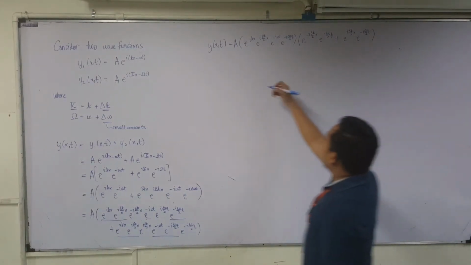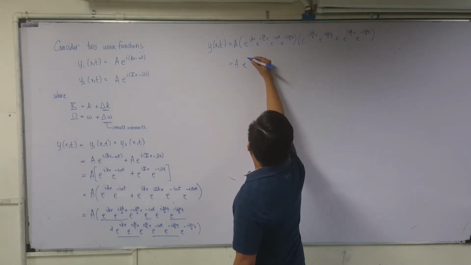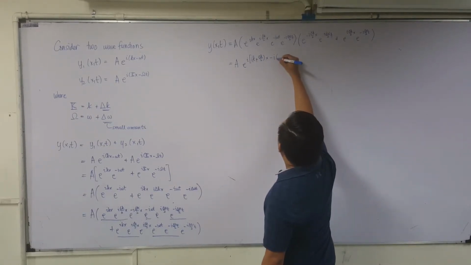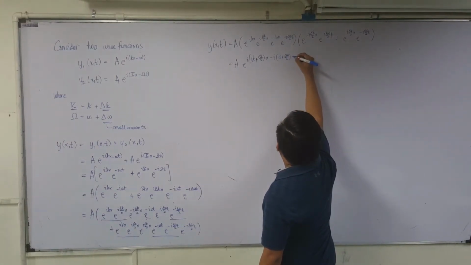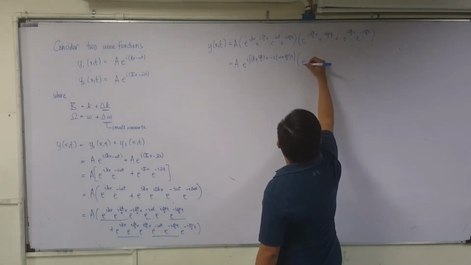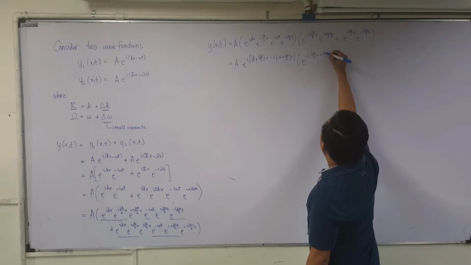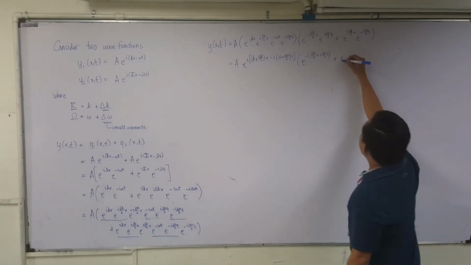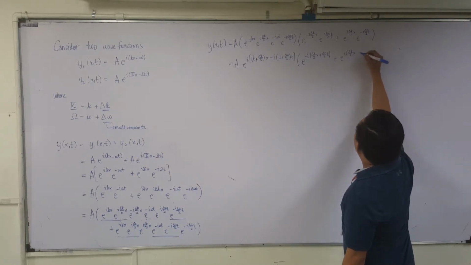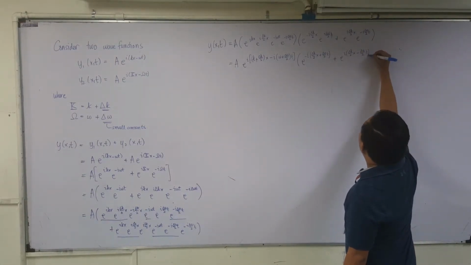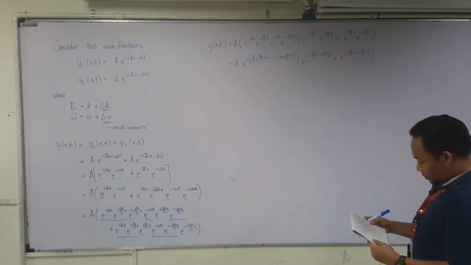So rewriting this as e to the i((k plus delta k over 2)x minus (omega plus delta omega over 2)t) times e to the negative i (delta k over 2 x plus delta omega over 2 t) plus e to the i (delta k over 2 x minus delta omega over 2 t).